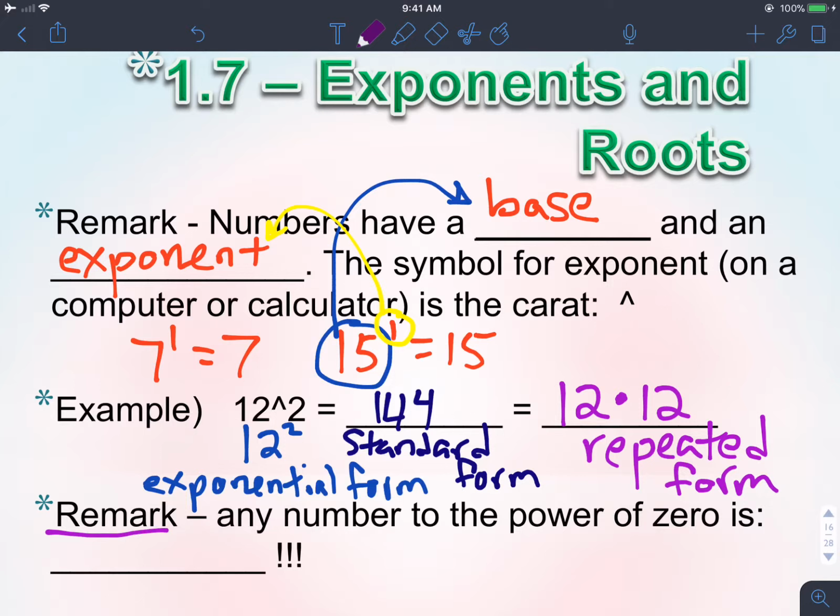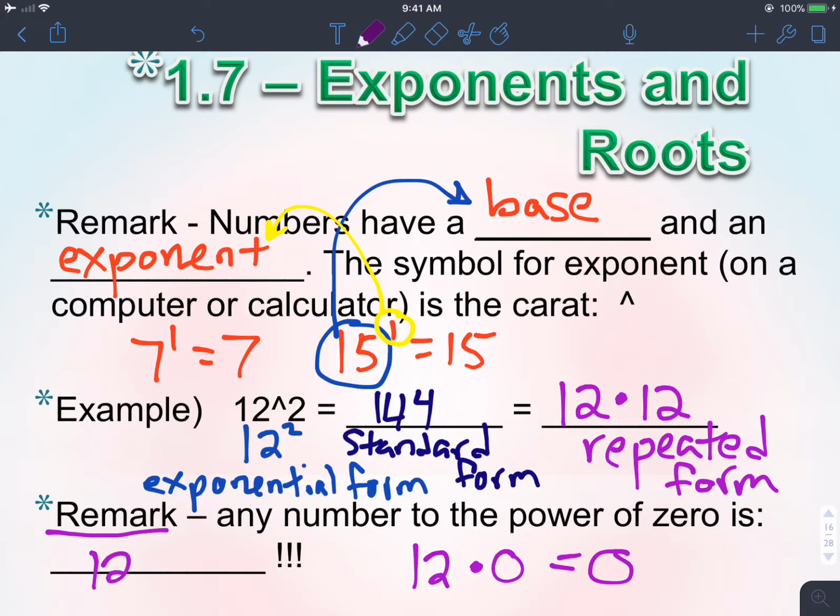Rules to remember: anything to the 0 power is 1. All these strange rules you got to remember. So anything multiplied by 0, 12 times 0 is 0.